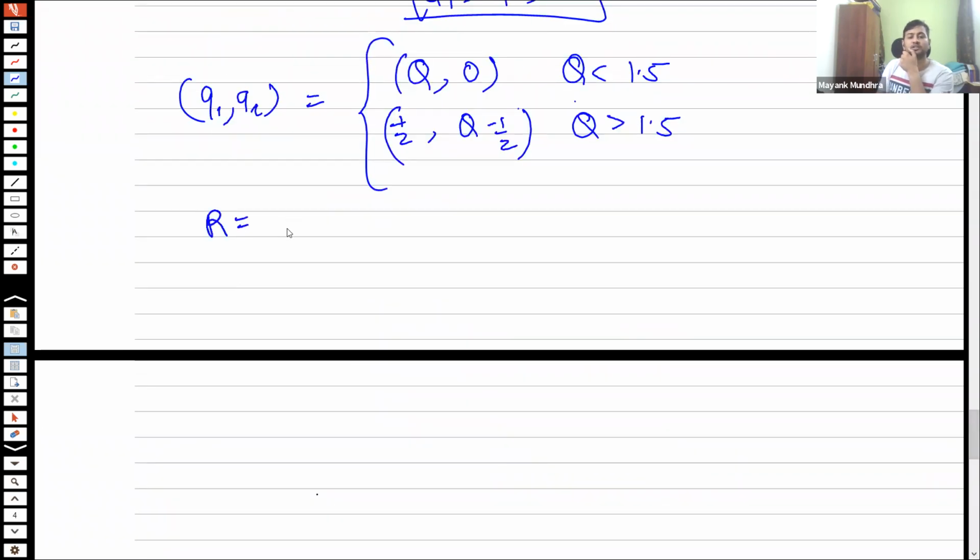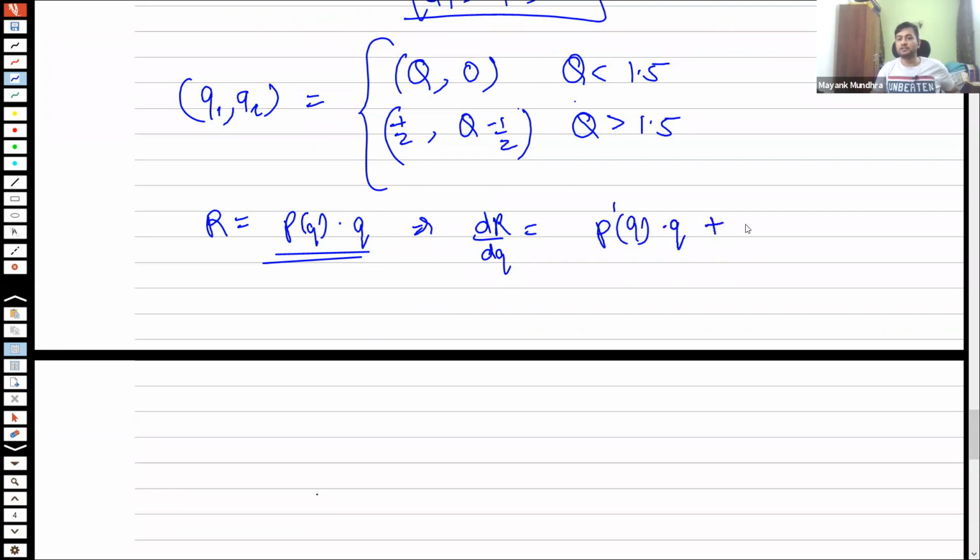So revenue is P of Q into Q, which implies that marginal revenue dr by dq, by using my product rule, is going to be P prime of Q into Q plus P of Q. Okay. So P prime of Q is nothing but dP by dQ. And this is just P, price. So I take P common here.